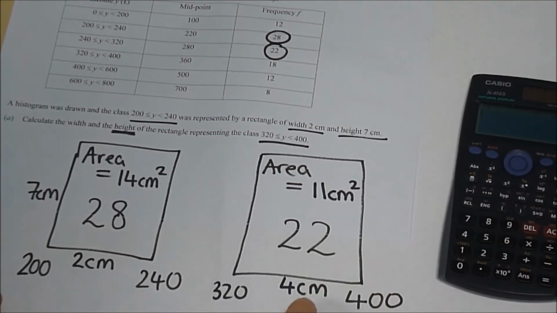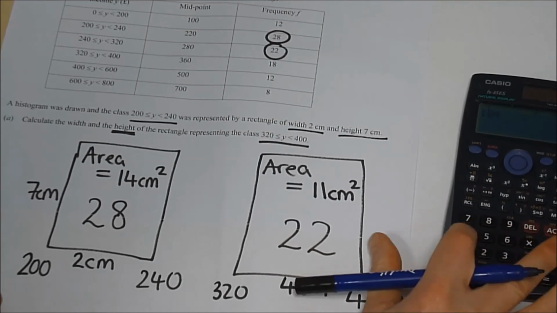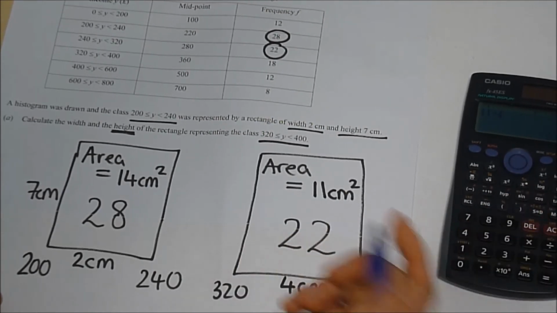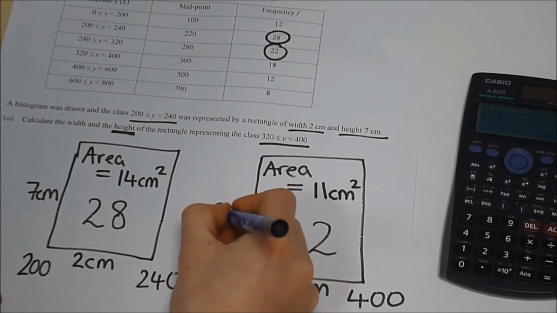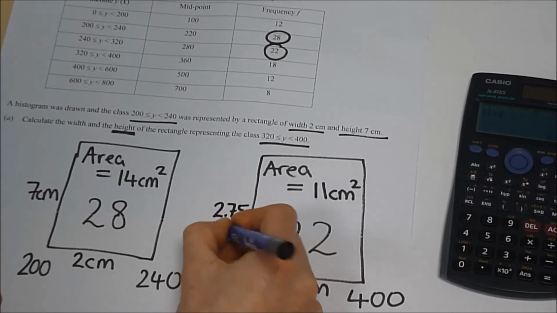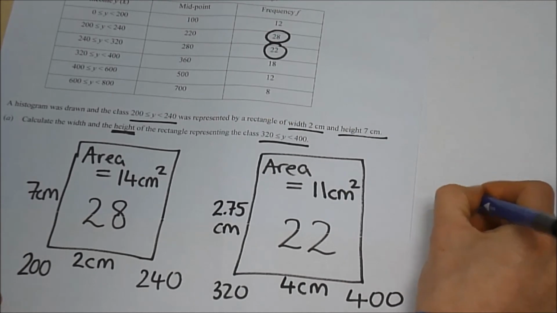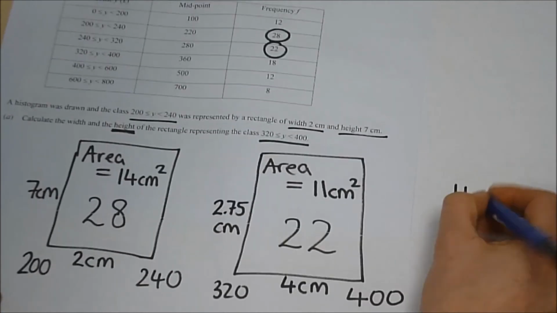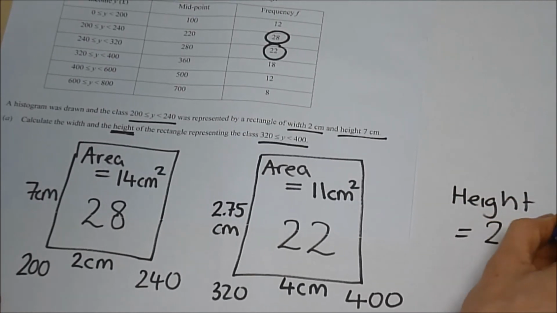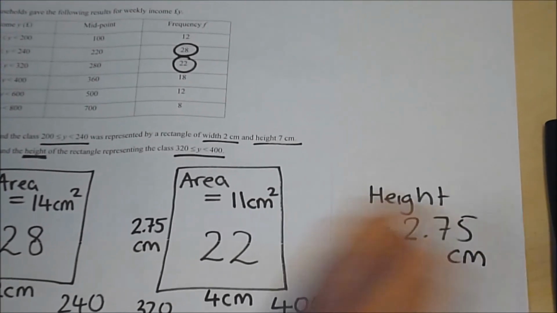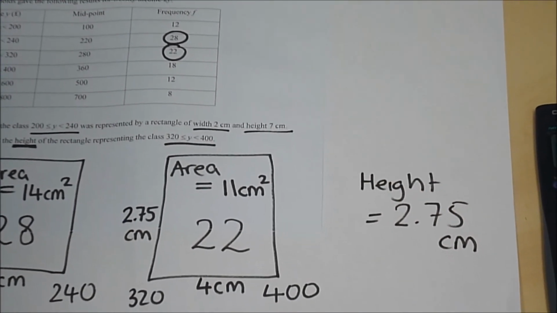So let's just do 11 divided by 4, which is 2.75. So the height must be 2.75 centimetres. Done.